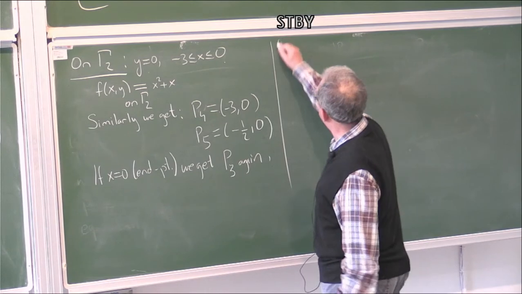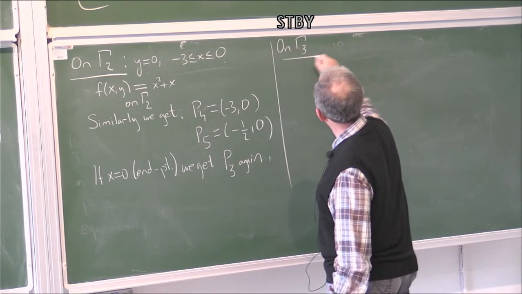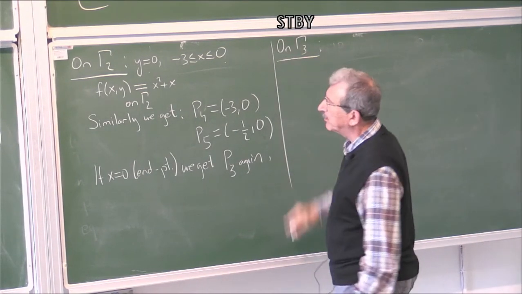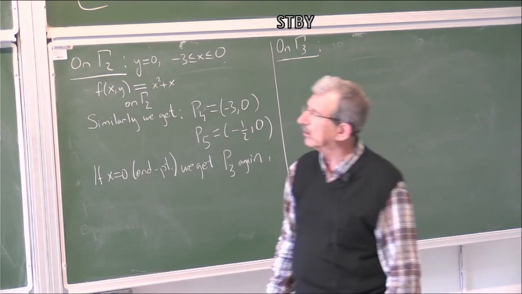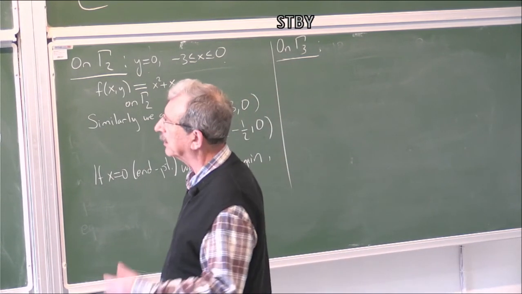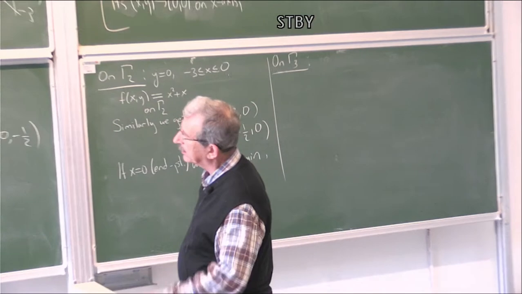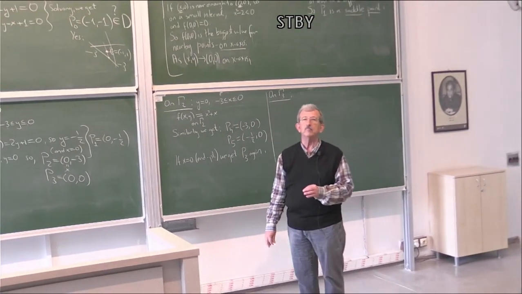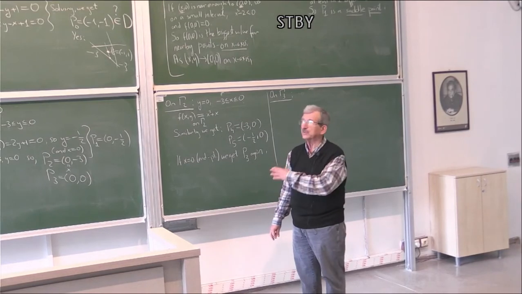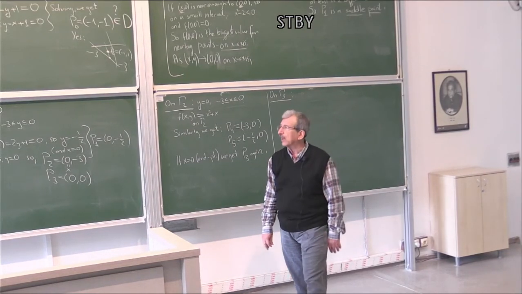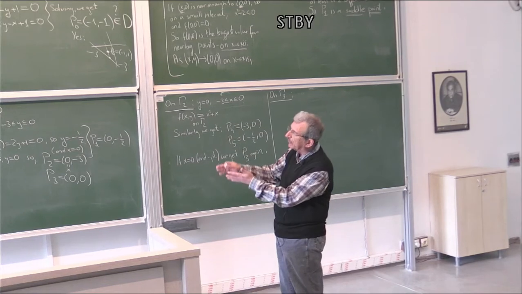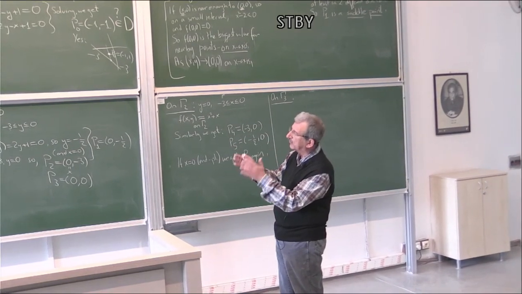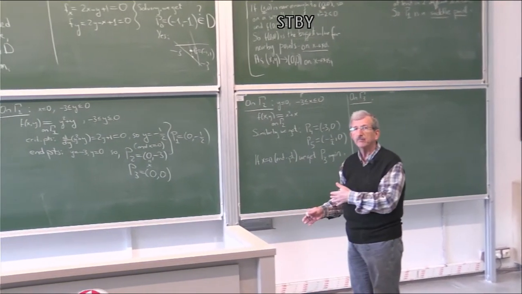Now on gamma 3. Gamma 3 is a little bit more complicated. Well, not much. Namely, the points on gamma 3 obey the equation of the line, which is not as easy as x is 0 or y is 0. We have to calculate that. It's a line passing through minus 3, 0, and 0, minus 3.